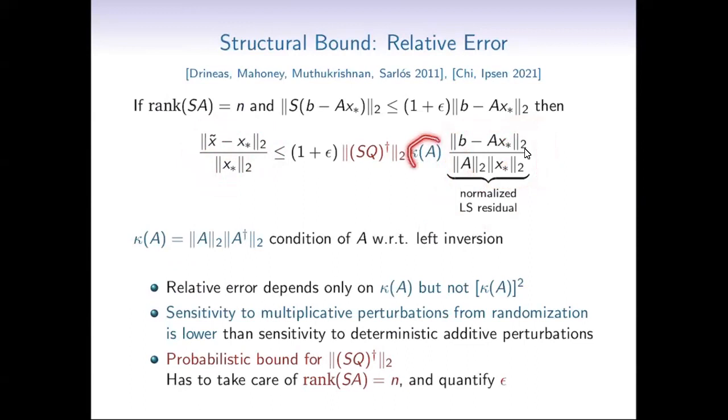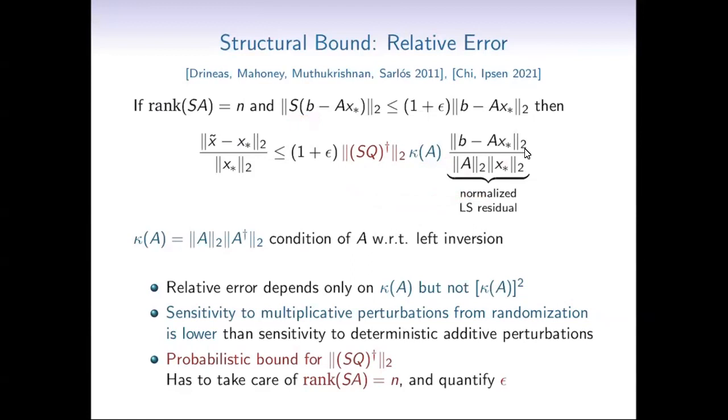We get the condition number here, the amount by which a matrix stretches a unit norm vector times the amount by which it shrinks one. That's what we usually have for linear systems, and this oblique projector. So I don't want to get into perturbation theory. However, this relative error bound is better than the typical relative error bound we have from deterministic perturbations, because this is a multiplicative perturbation.